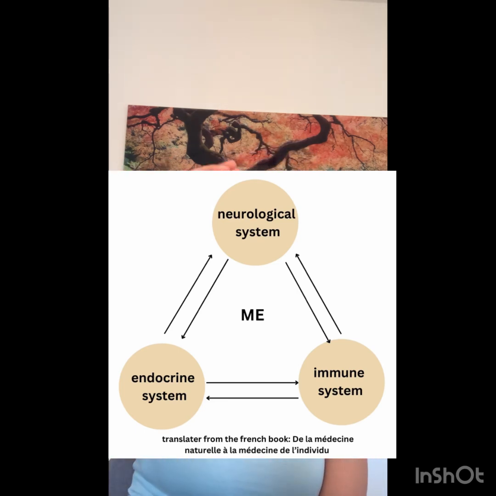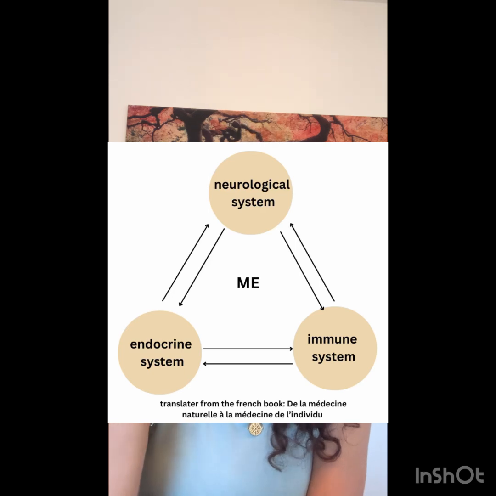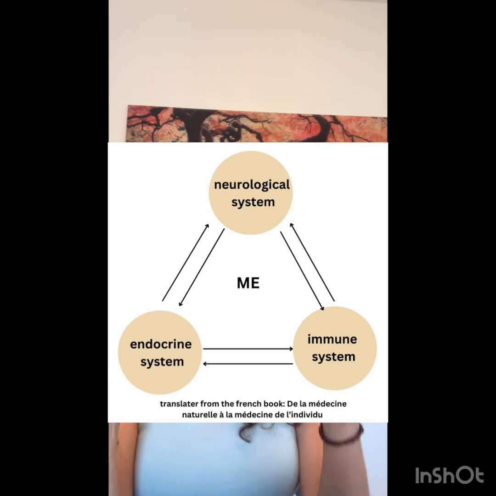Whenever the neurological system is unbalanced, based on whatever environmental factor, the immune system and the endocrine system will be unbalanced too. So all these systems will be unbalanced whenever one is unbalanced. As you see, the neurological system is on top, going through both the endocrine and immune systems, and it goes both ways every time.